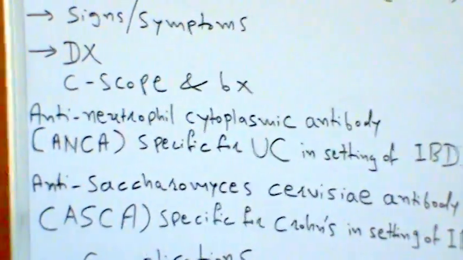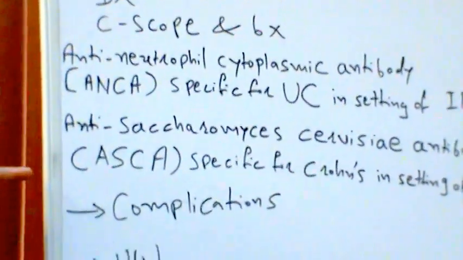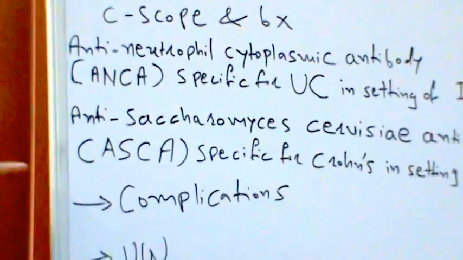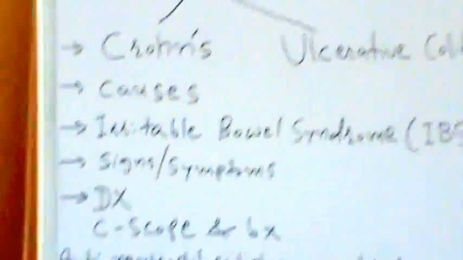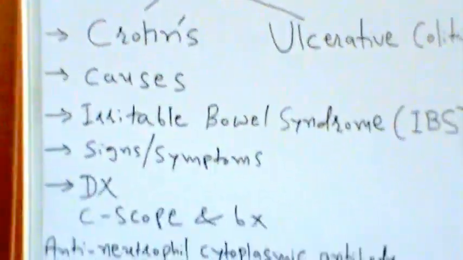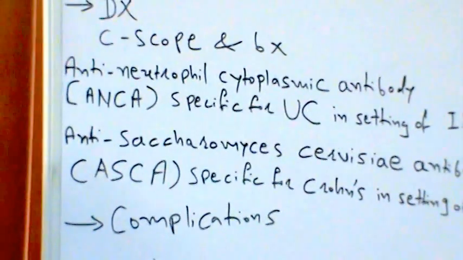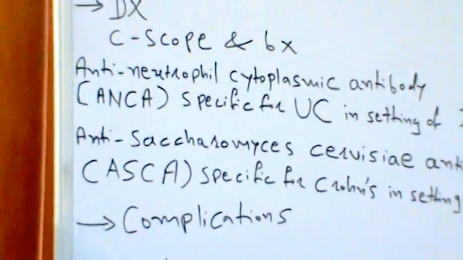So with that, let's talk about the complications. In Crohn's, it includes abscesses, obstruction, fistulas, perianal disease, and even cancer.